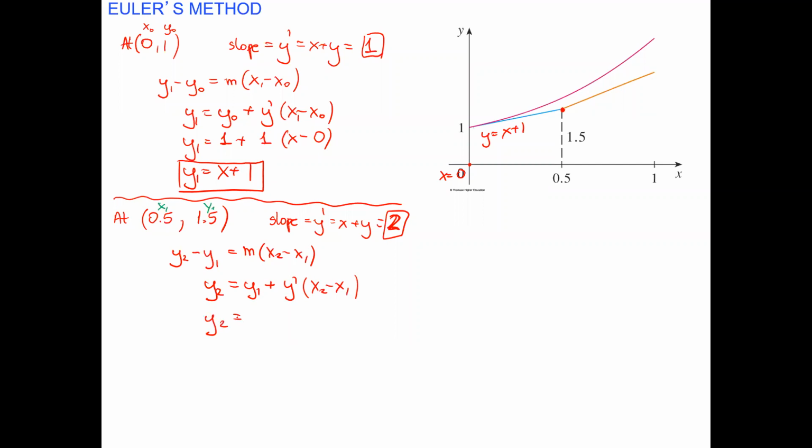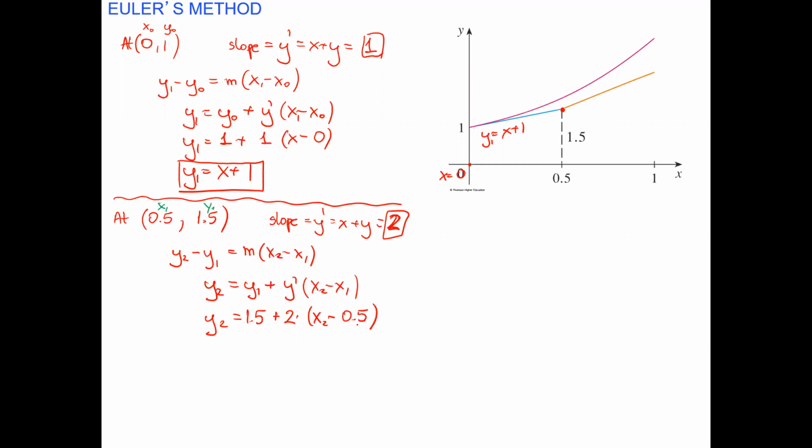Let's define this. The second tangent line, this is the blue one, the first one, will be the y value plus the slope times x sub 2 minus, and now we are at 0.5.